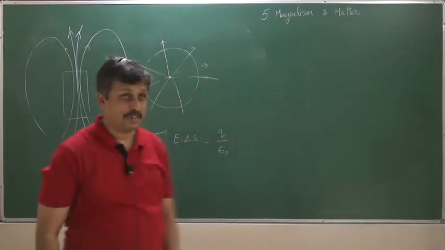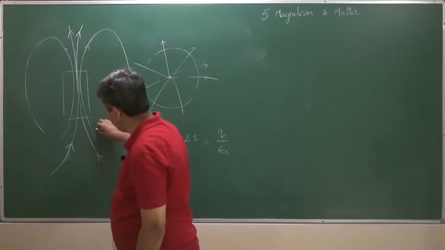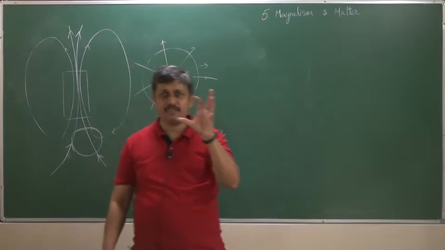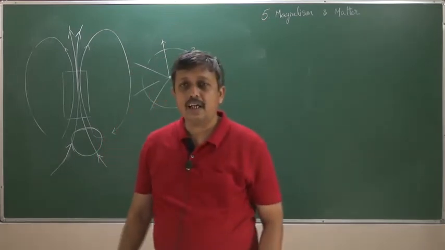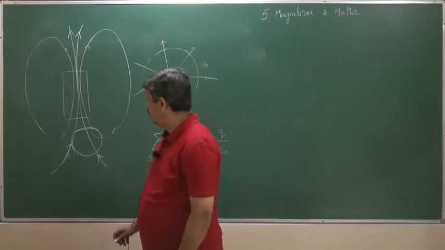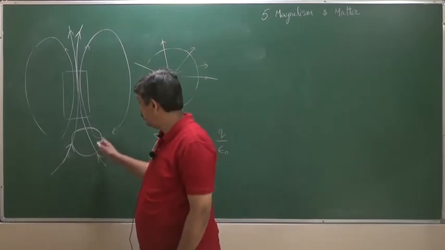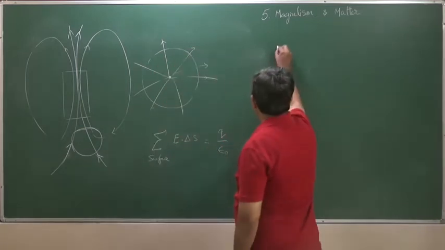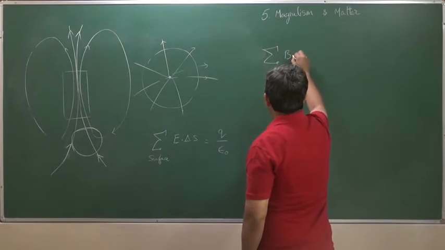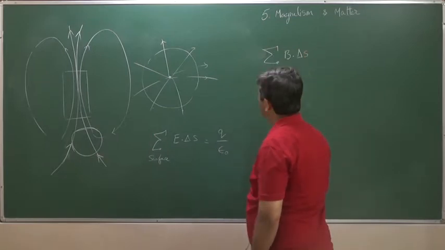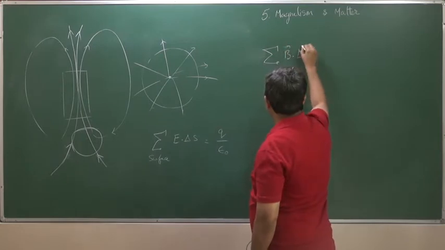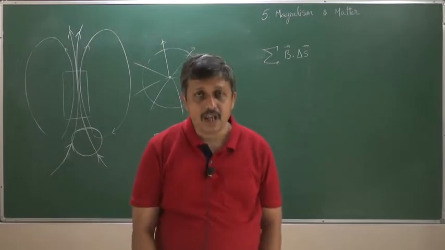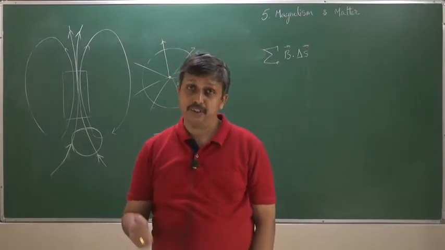Because of that, assume that you take a certain surface, like a small sphere, a full surface, and you find the B over the whole thing. That means I want to find the sum of B dot delta S. I take the B on the surface and look at the perpendicular component of the B only.